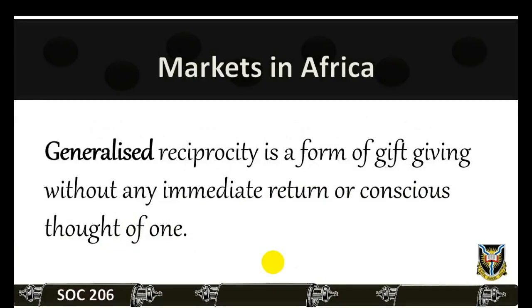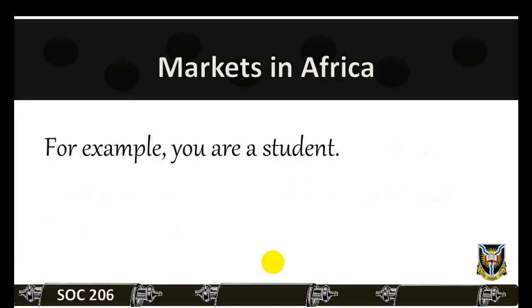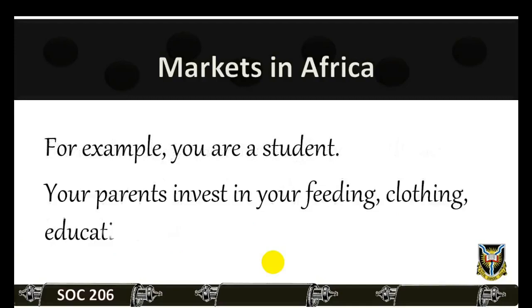Generalized reciprocity is a form of gift given without any immediate return or conscious thought of one. For example, you are a student. Your parents invest in your feeding, clothing, education, and the like.